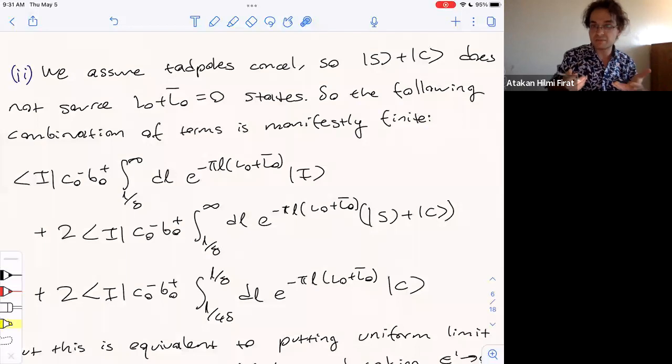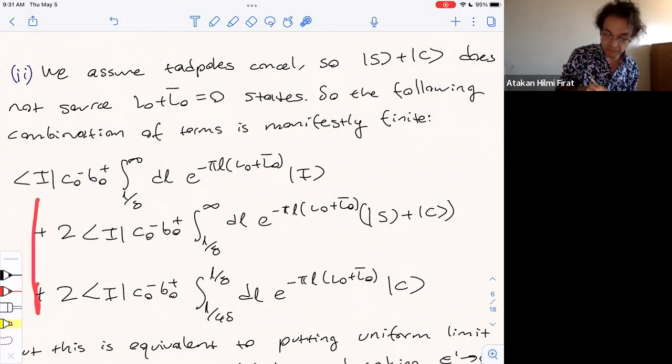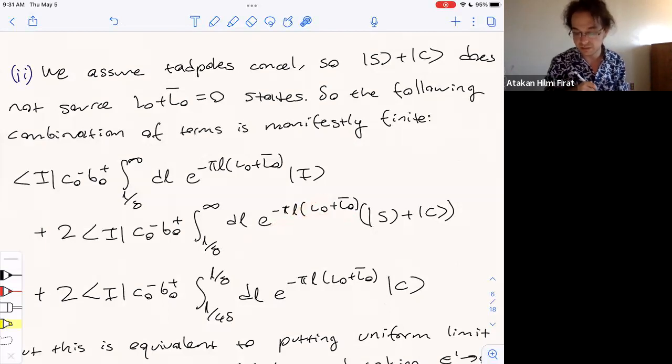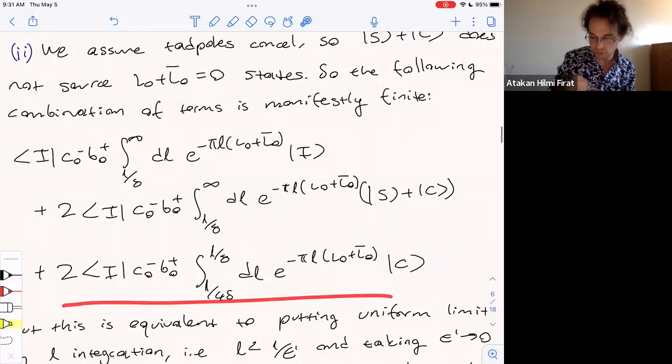That is, basically I'm rewriting what I wrote above for the closed string channel into a more manifestly finite form. So this is finite, as I argued at the first point. This is finite because this doesn't source any zero mode term here. So this integral is finite as L goes to infinity, and this is also obviously finite.